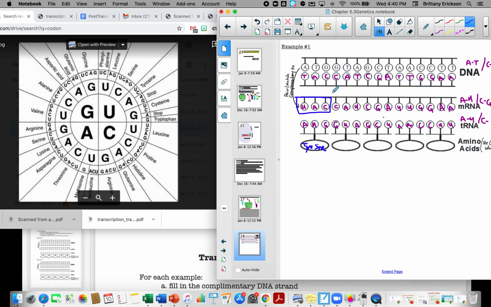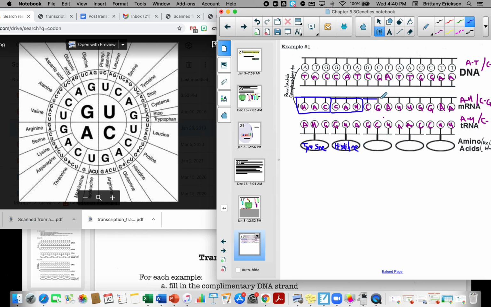All right, now we're going to take a look at the second set of three. CAU, histidine. Wow, that doesn't really look like histidine, but it's close.